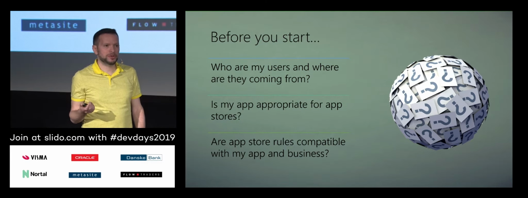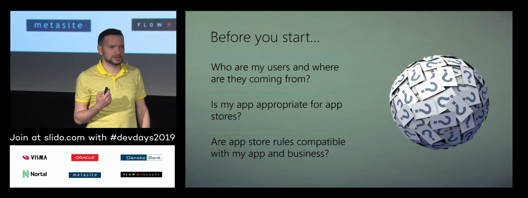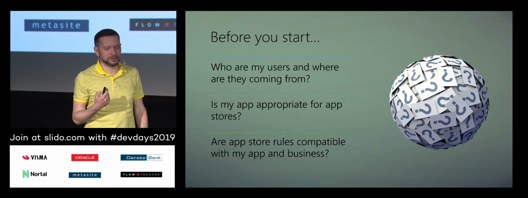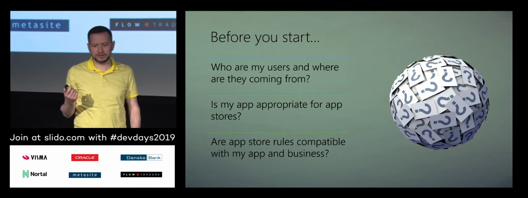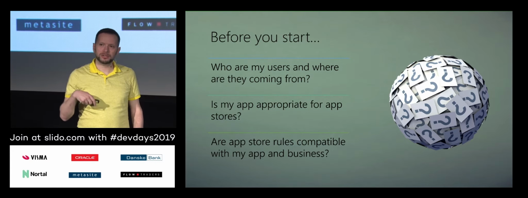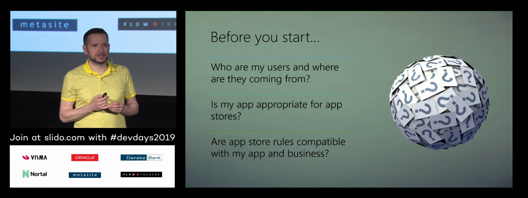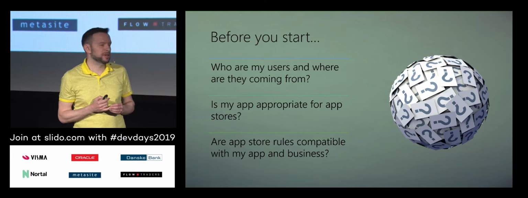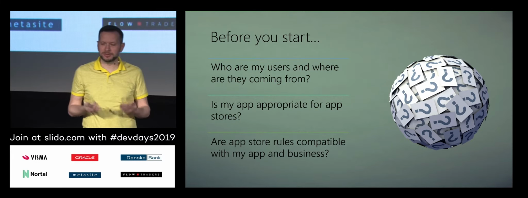But then you should remember that even though you are building a web app and the web is open and you can publish anything you want on the web, you cannot publish anything you want into the app stores. They have their rules and policies and conditions that you have to meet. So think about if your app meets those conditions. And also from the other side, think about whether those conditions applied by the app stores are compatible with how you do your business, with what your app is.